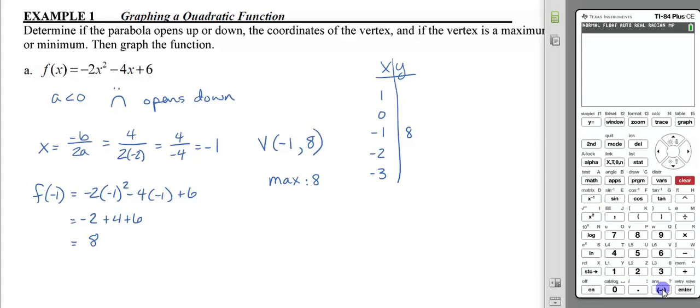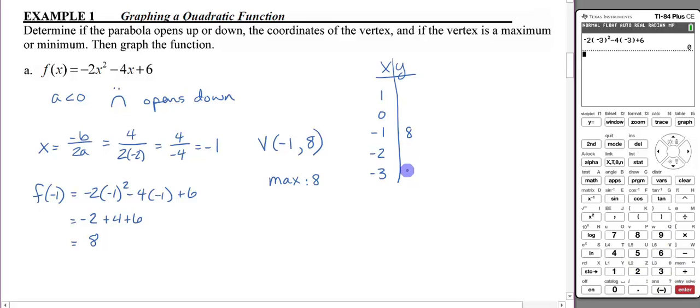And we can put this in the calculator if you like. Negative 2 times negative 3 squared, and we're subtracting 4 times negative 3 and then adding 6. We get a 0. So we put in a negative 2.